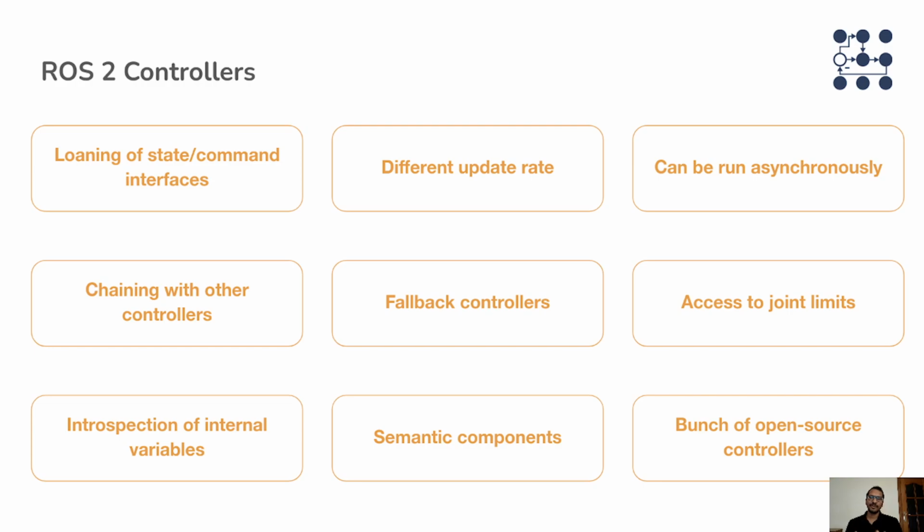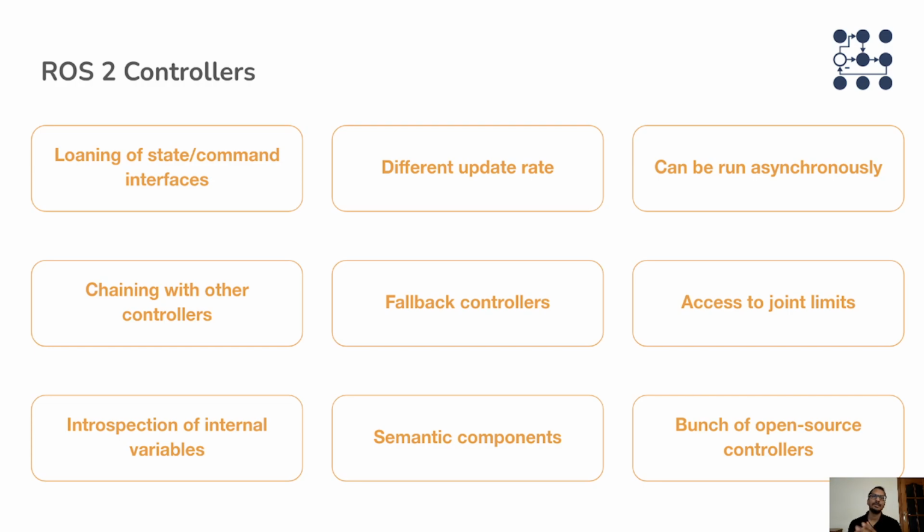What do ROS 2 controllers provide? So you can loan the command and state interfaces. Basically, let's say that you're loaning the sensor information like IMU sensors and the joint proprioceptive sensors, and you are also loaning to command the joints here. And let's say that my control manager is running at 1 kilohertz, but I would like my controller to run at 50 hertz.